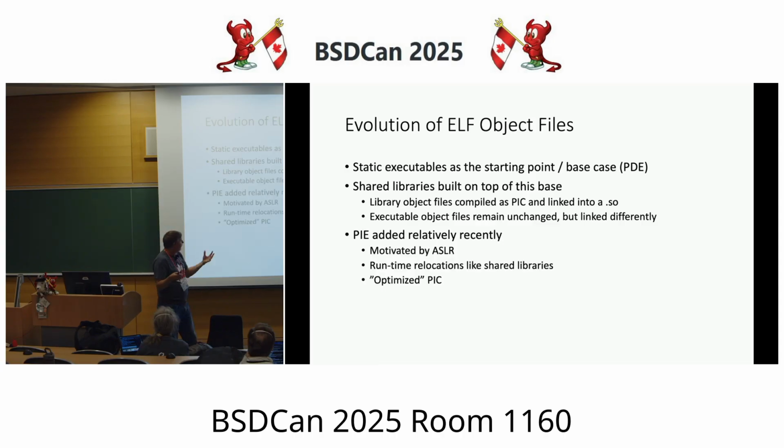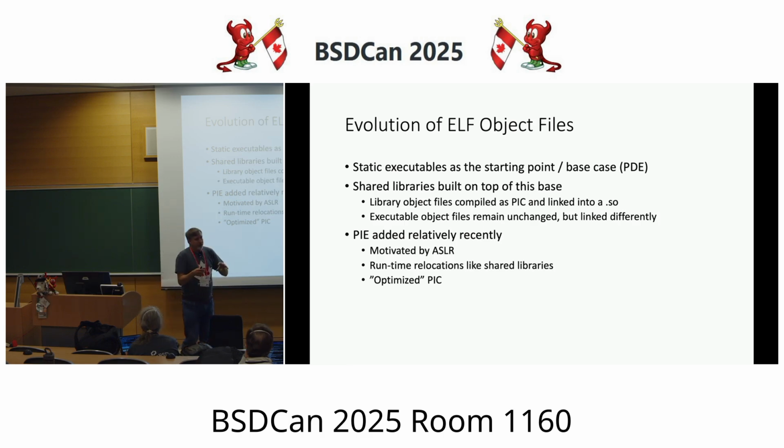Later, or actually relatively recently, we've added the third mode of PIE, largely motivated by ASLR because it wanted the ability to move the executable around in the address space. There are a couple of implications of switching to PIE.